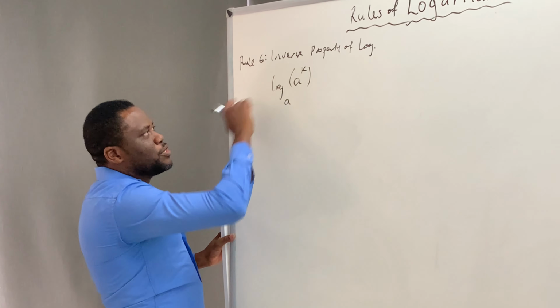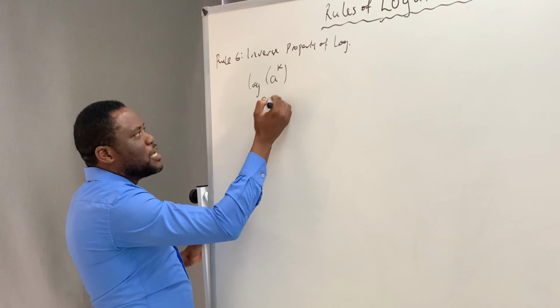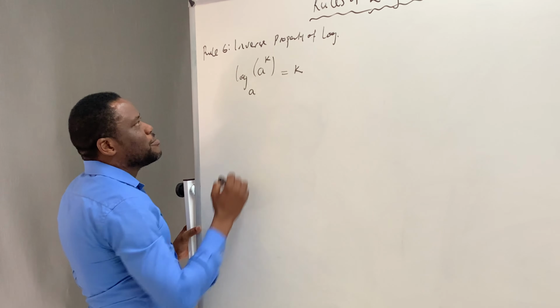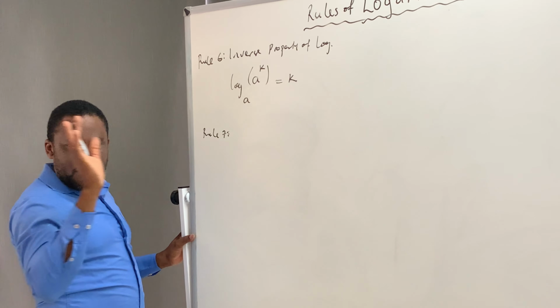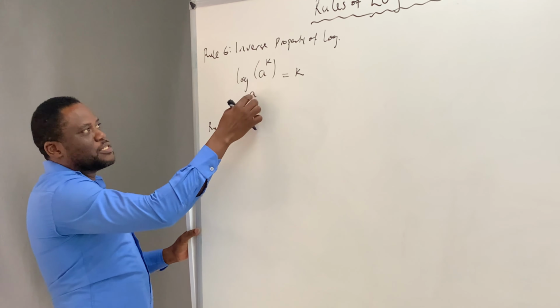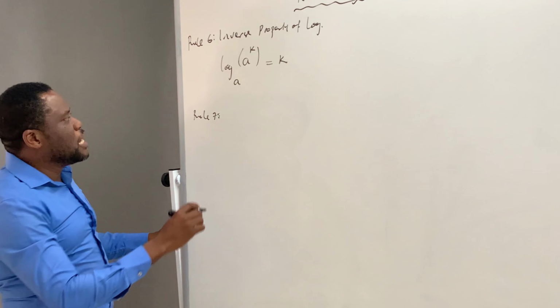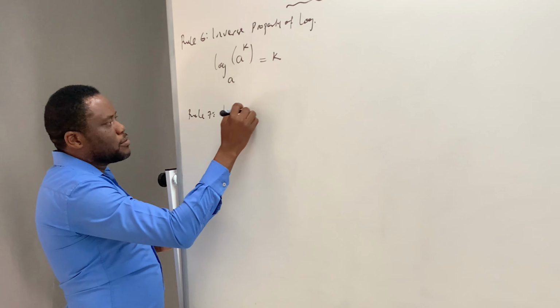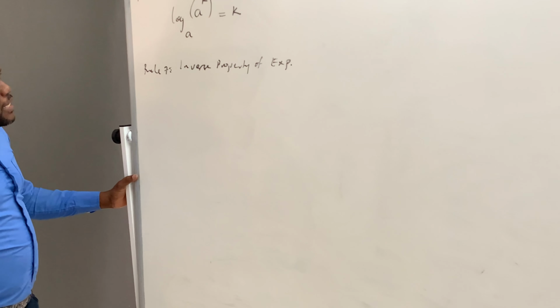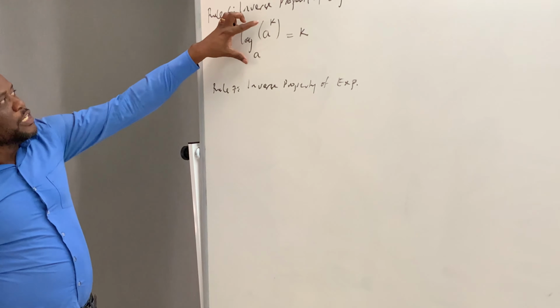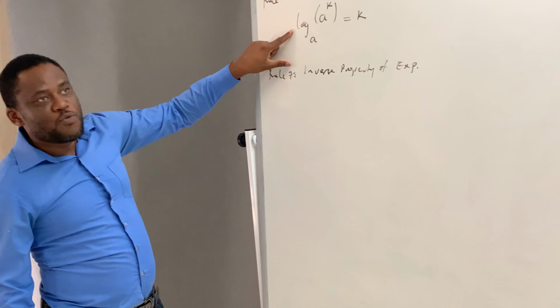This guy comes to this place, right? So this is the same. We say it is k. We explained this other power, but we did not explain that it cancels, right? Now, the inverse property of the exponent. Instead of having the logarithm down, we now have it up.